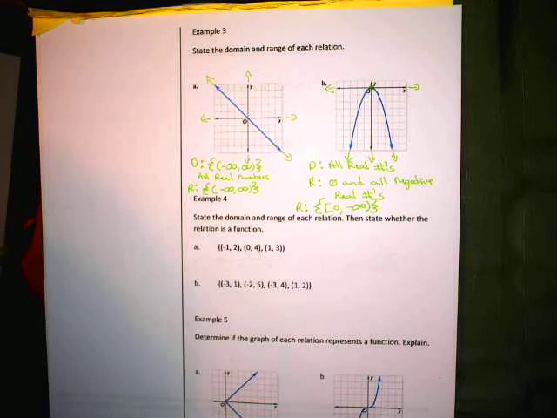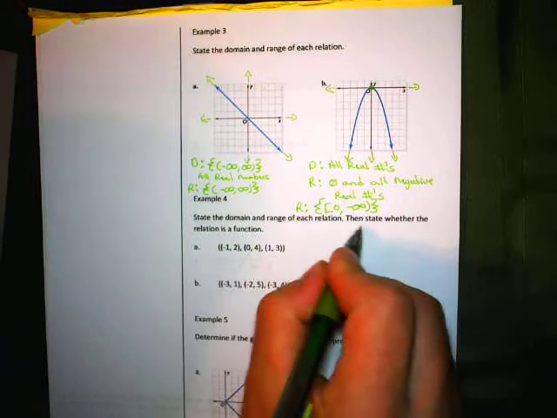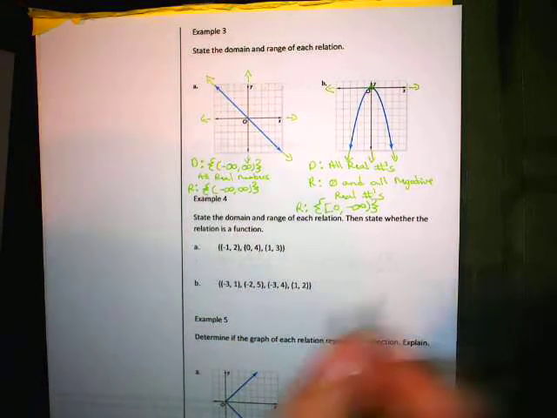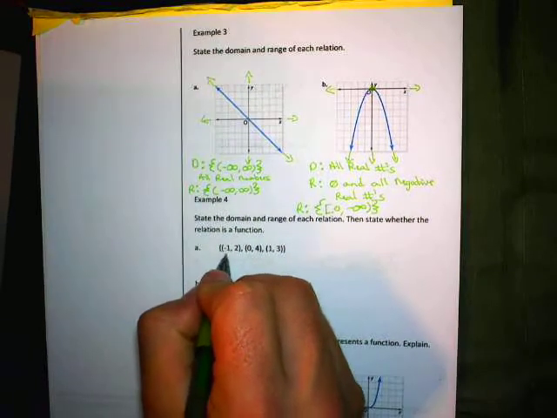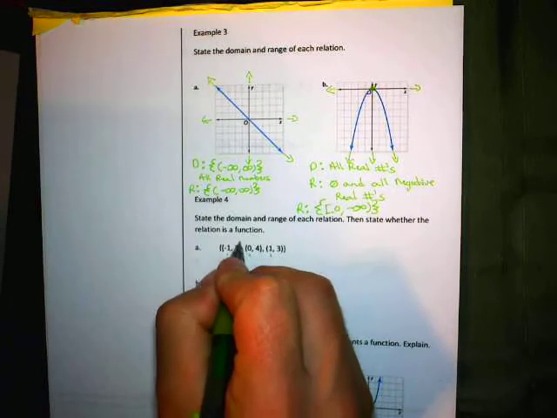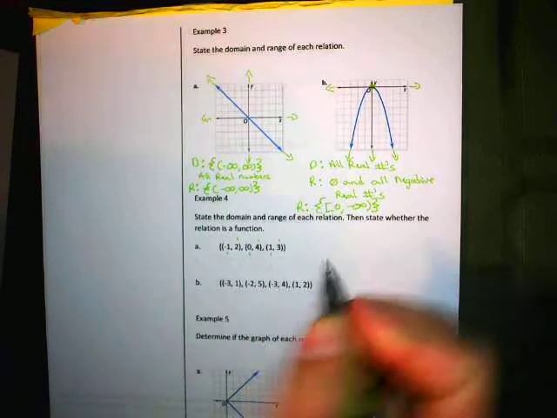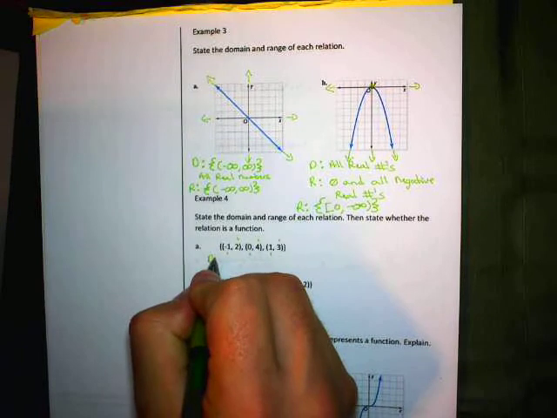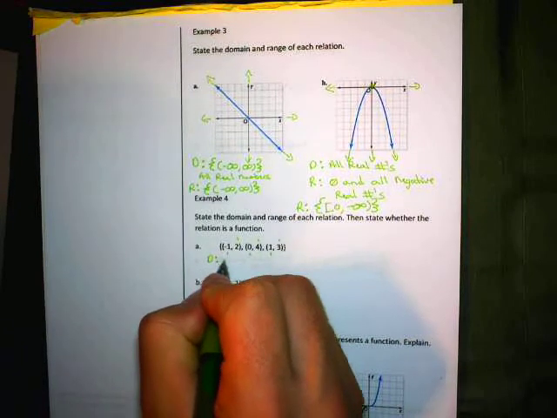Number 4 here, we need to state the domain and range of each relation. Well, and then tell us whether or not it's a function. Domain, all x values, range, all y values. So domain, I'm going to state this real quick.